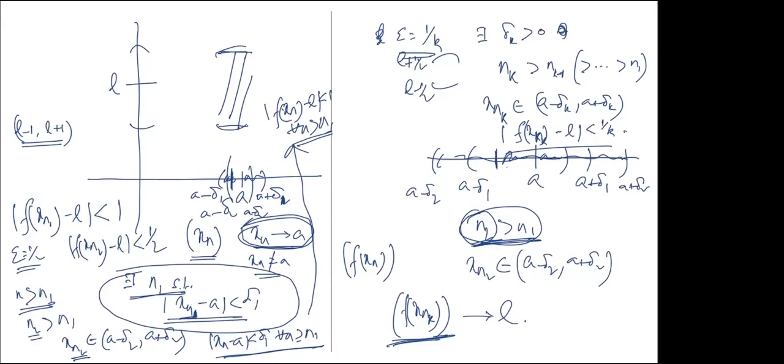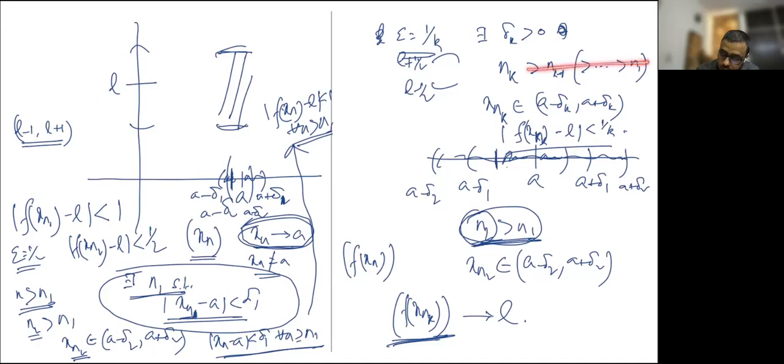We take an n, so for the delta k, we take n to be greater than n_{k-1}. So in fact, you can, but you really don't need to, if you look at it carefully.